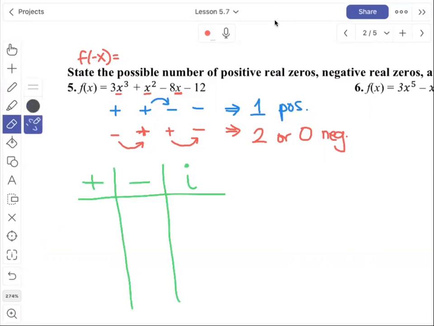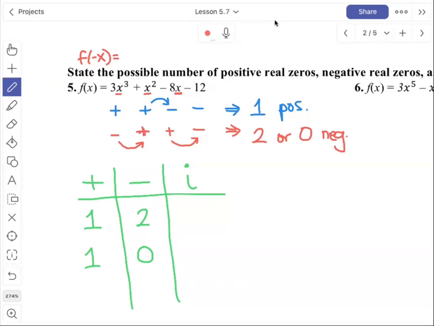For positives, I definitely could have 1. For negatives, I could have 2, or maybe I have 1 positive and 0 negatives. It could be either of those situations. Either 2 or 0 negatives, but it's still always 1 positive.